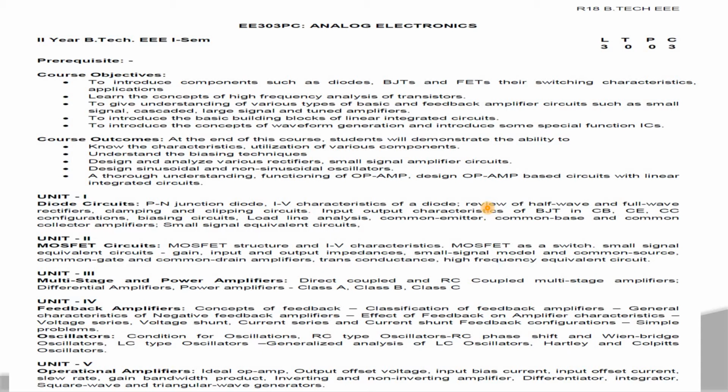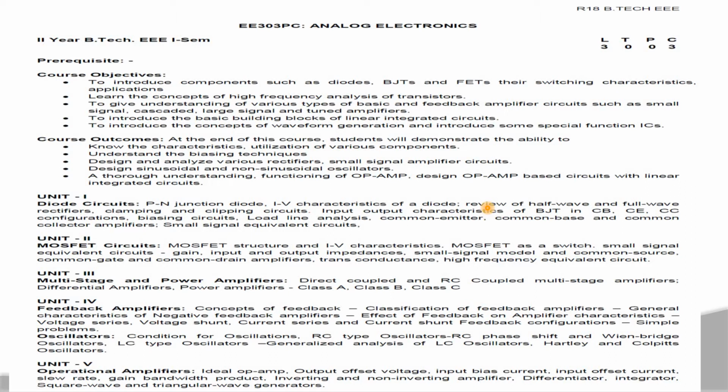At the end of the course, the student will demonstrate the ability to know the characteristics and utilization of the various components, like diodes and bipolar junction transistors and field effect transistors, integrated circuits and their applications, and understand the basic biasing techniques of transistors, and analyze the various rectifiers, which is one of the applications of the diode, and small signal amplifier circuits, and design sinusoidal and non-sinusoidal oscillators.